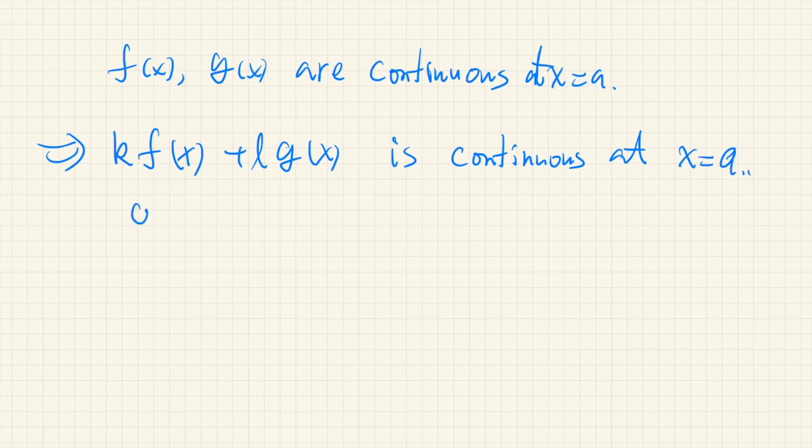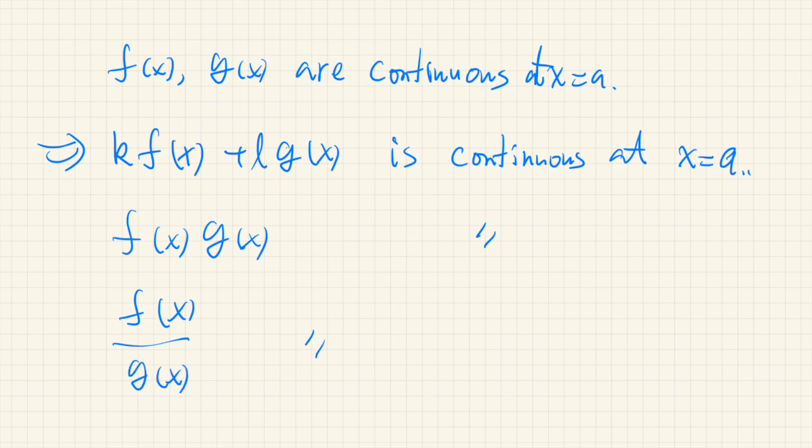And so is their product, f of x times g of x is also continuous. And their ratio is also continuous, given that g of a is not equal to 0.